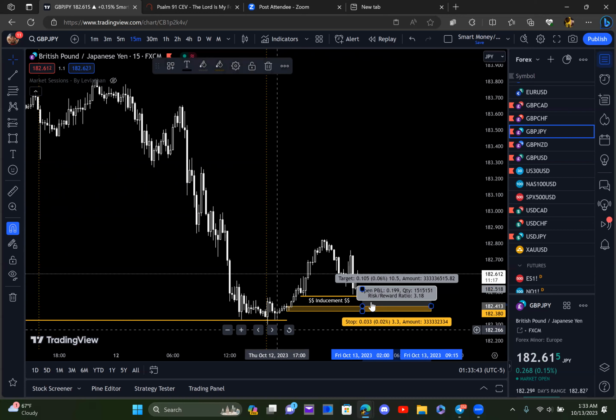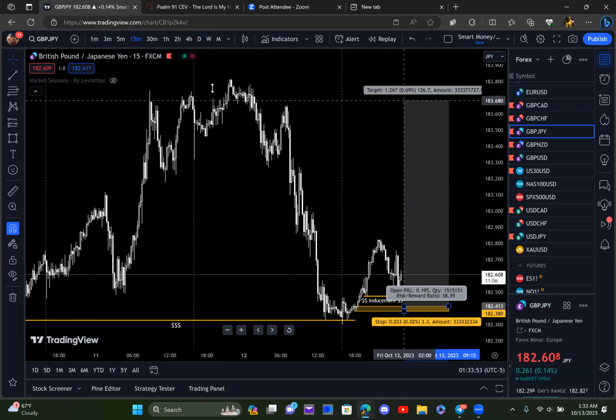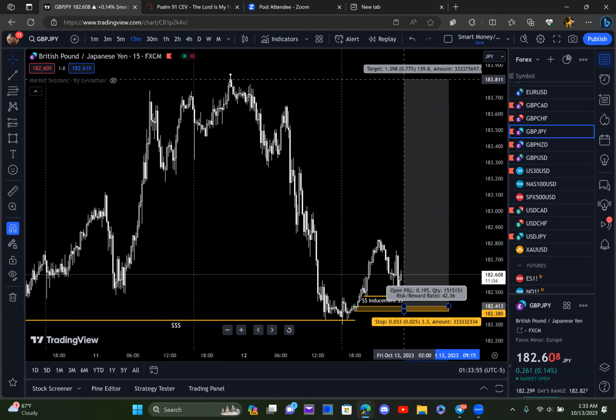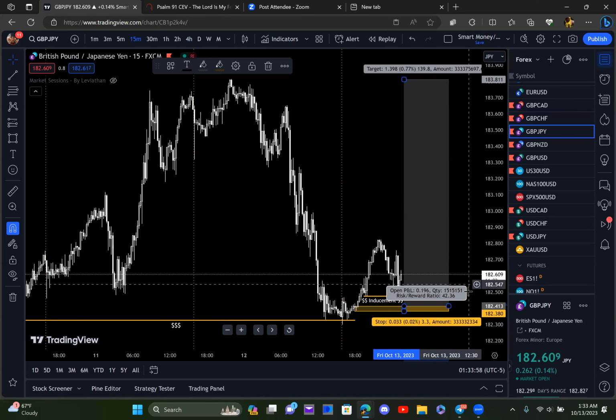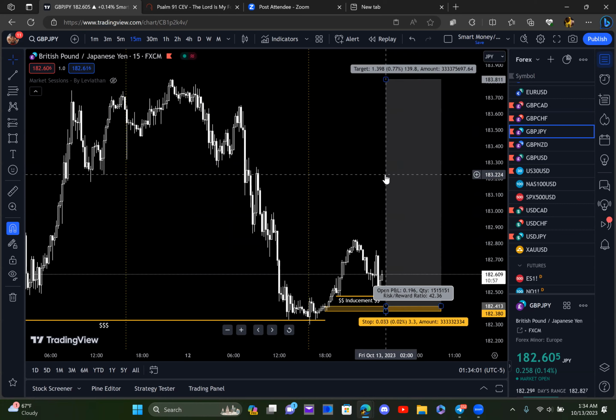Now it could go way down here. I could even put my stop way down here, and it'll still be a nice, decent stop loss. If I leave it there, look at this, 139.8 pips, 1 to 42.6. That's my risk to reward.